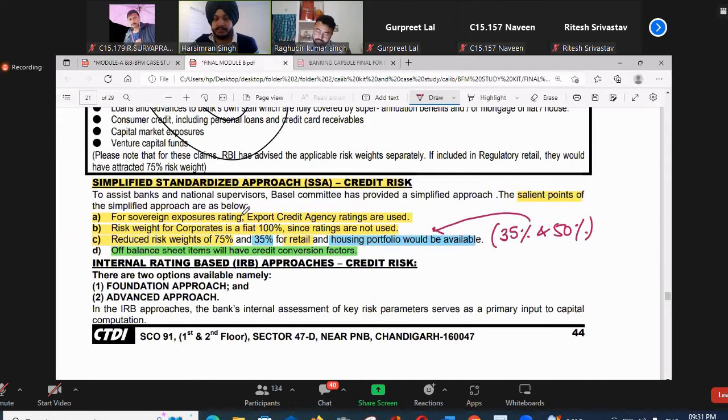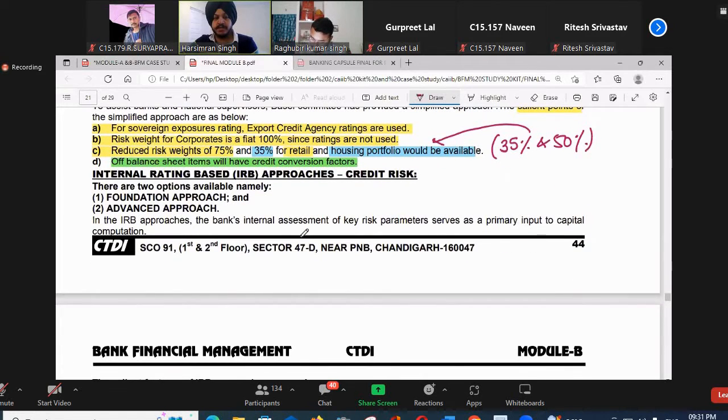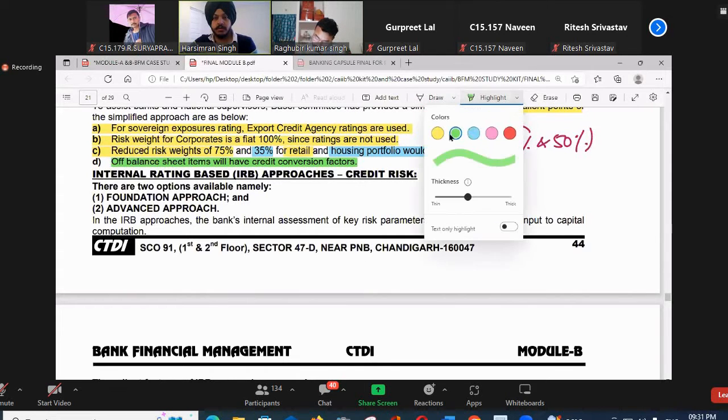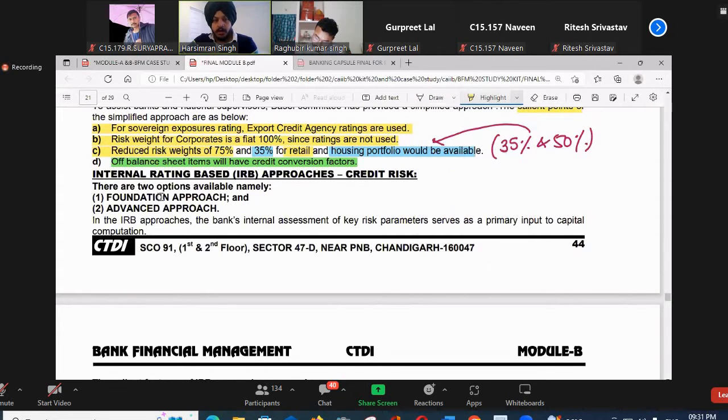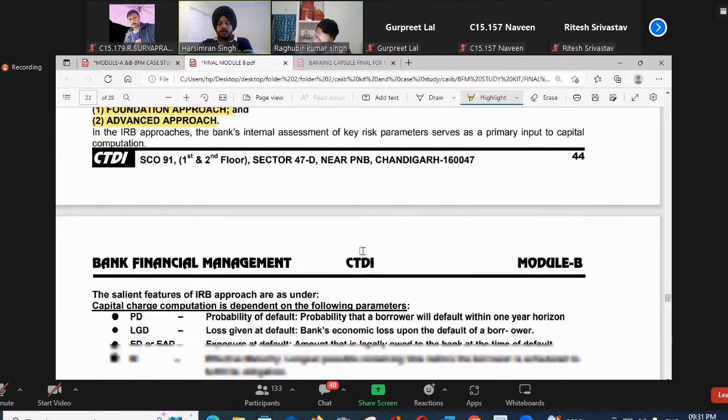Internal rating based approach has two options. One is the foundation approach. Second is the advanced approach. Okay.